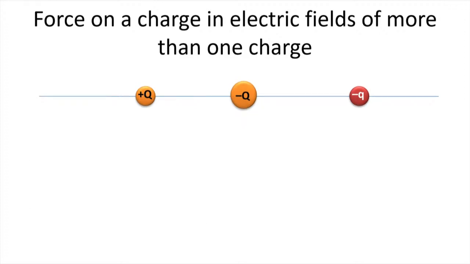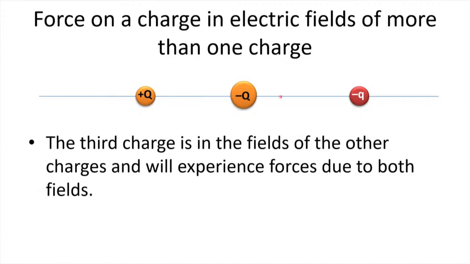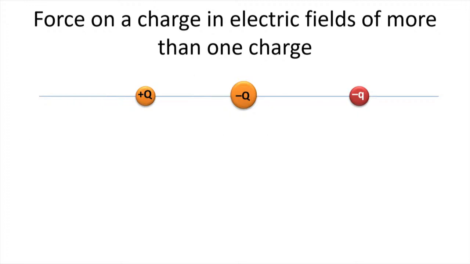What happens is that the third charge is in the fields of the other two charges and will experience forces due to both fields, all right? So this third charge here, let me go back. This charge is in the field of this charge, and it is also in the field of this charge here.